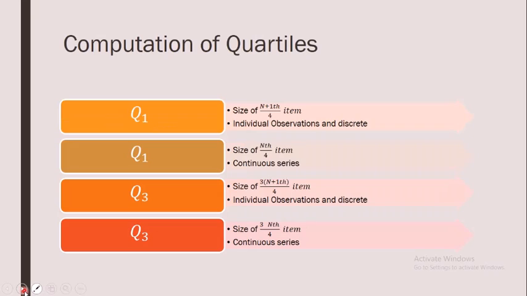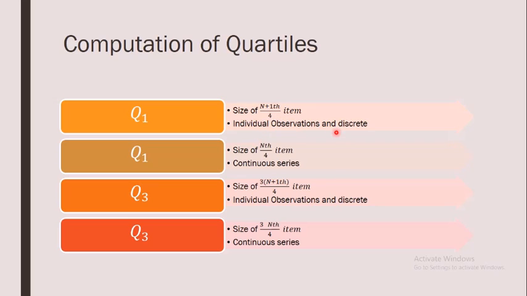Now we come to the part where you have to compute the quartiles. How will you calculate Q1? If a set of observations is given, you have to calculate the size of the (n plus 1) by 4th item.